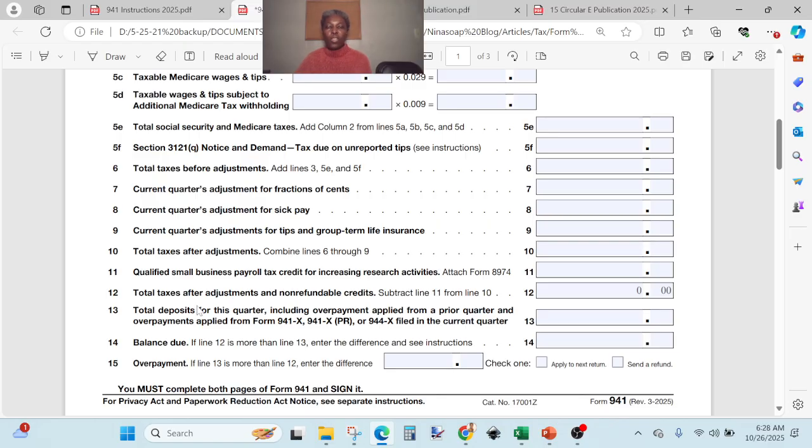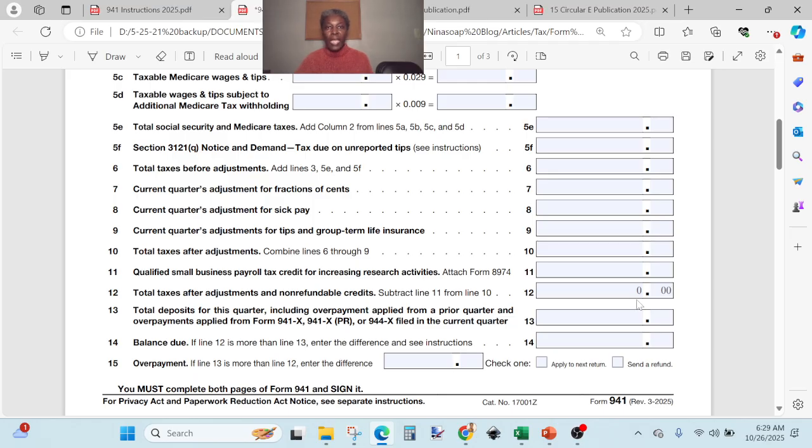So that is your tax liability. Your tax liability, your payroll tax, is Form 941, line 12. That is the tax you owe the IRS.